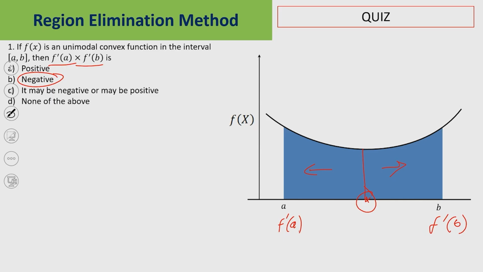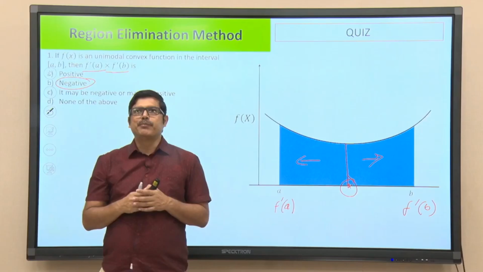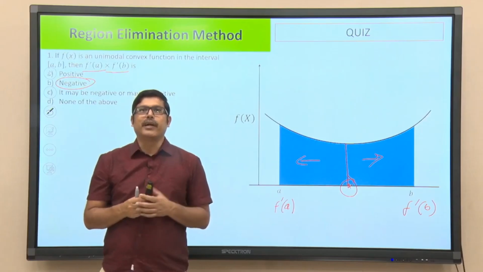Now, what I can do basically, that means if it is a unimodal function, there is a minima between A and B. So in that case f dash A into f dash B should be negative.